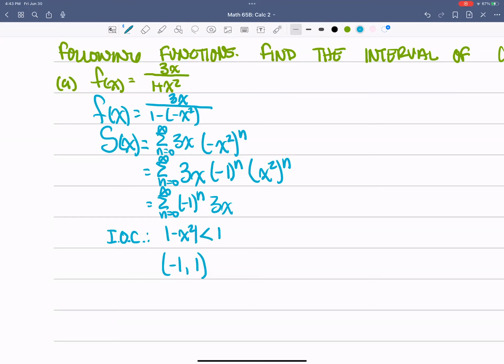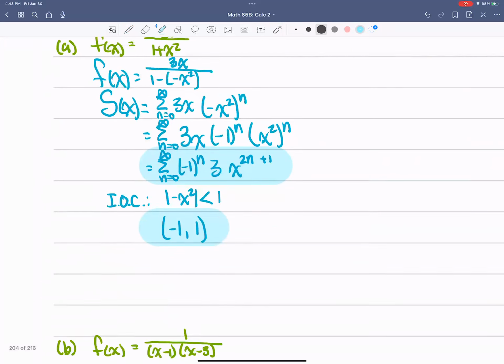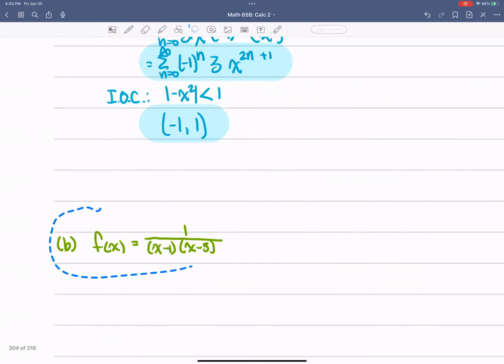Or we could even do 3, and then we have x to the 2n plus 1. So add 0 here, 3x. All right, there we go. So here is our sum and our interval of convergence. That's for part A. And now let's take a look at part B.